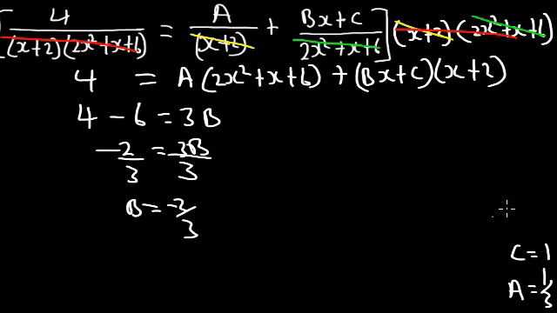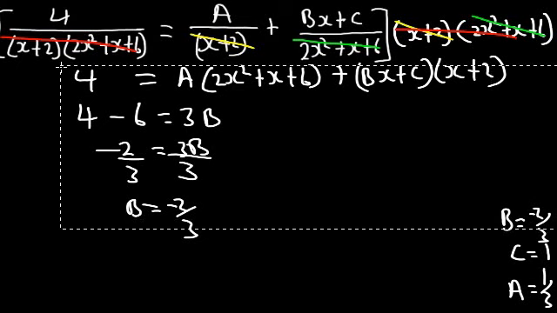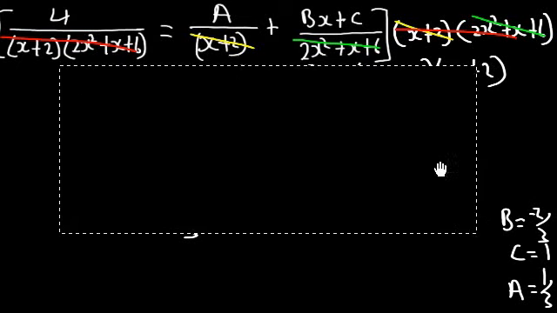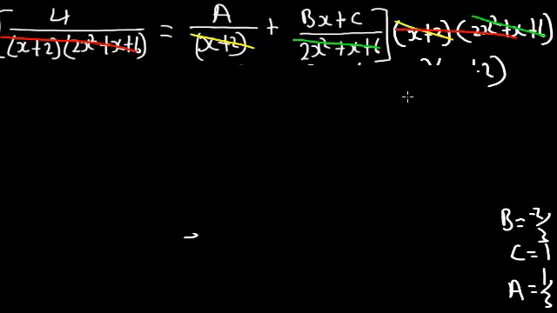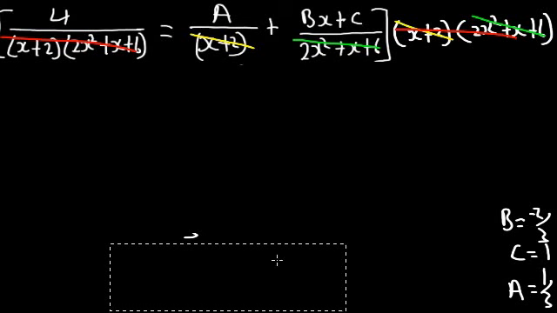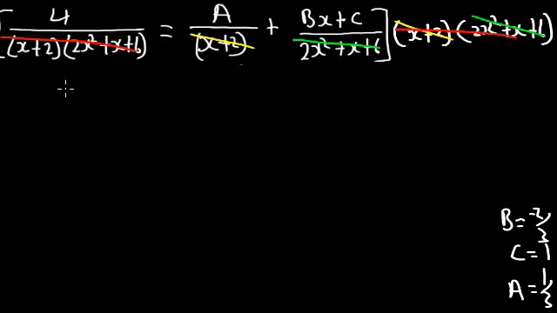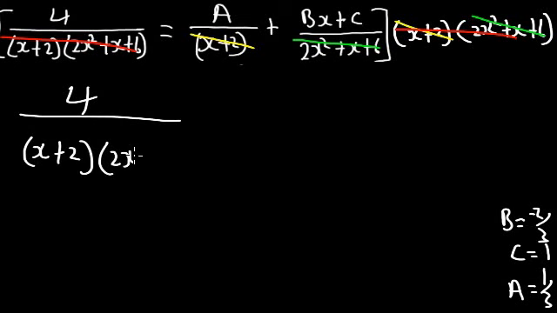Now we have everything we need to get the decomposition. So let's write the decompositions. So therefore, finally, 4 divided by x plus 2 multiplied by 2x squared plus x plus 6 can be decomposed to a, which is 1 by 3.